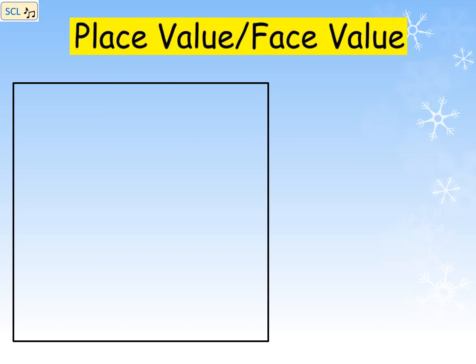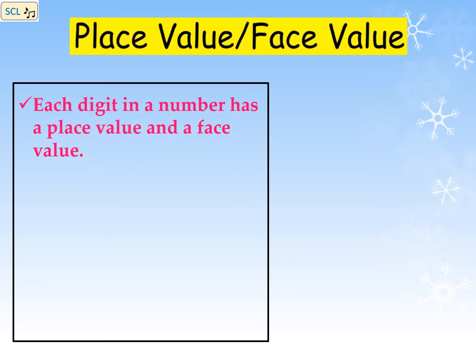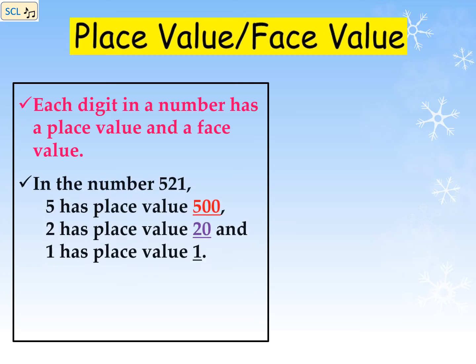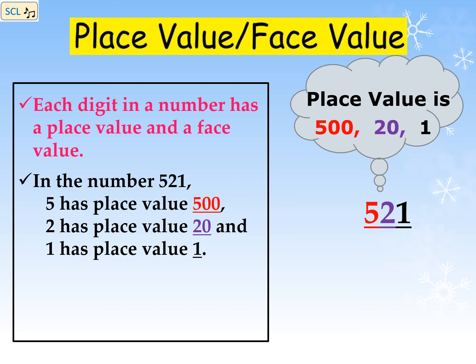What is the difference between place value and face value? Every digit in a number has a place value and the face value both. For place value, we read the digit along with its place. That is, 5 has place value 500, 2 has place value 20 and 1 has place value 1 because it is in the ones place.